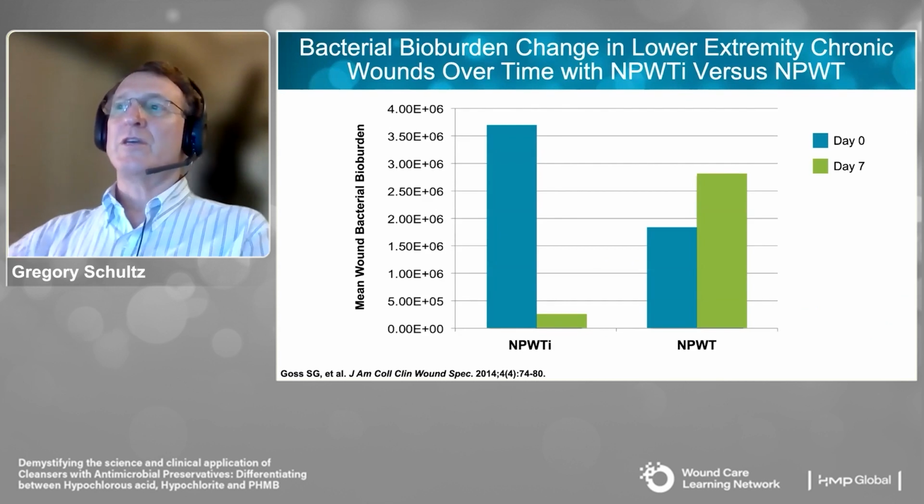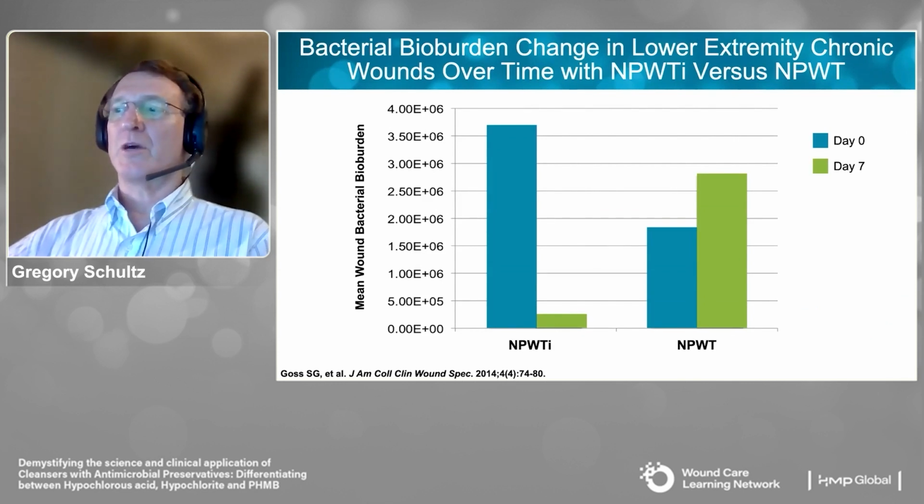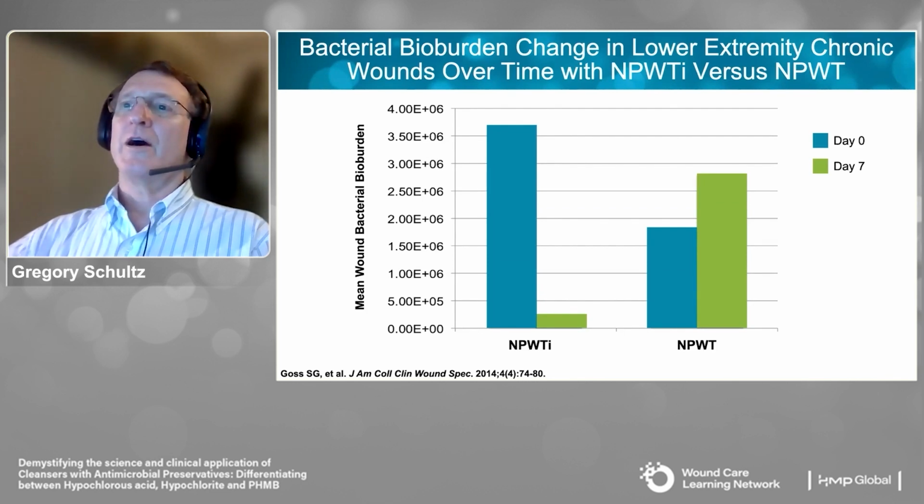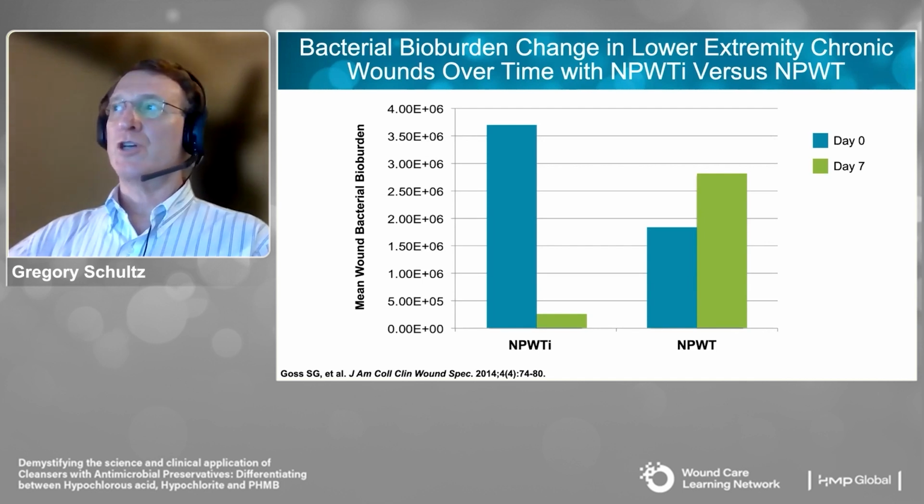Looking at the change in the bioburden using negative pressure therapy with instillation compared to just negative pressure alone, you can see that instillation with a hypochlorous acid solution dramatically reduces the level of viable bacteria after 7 days of treatment.